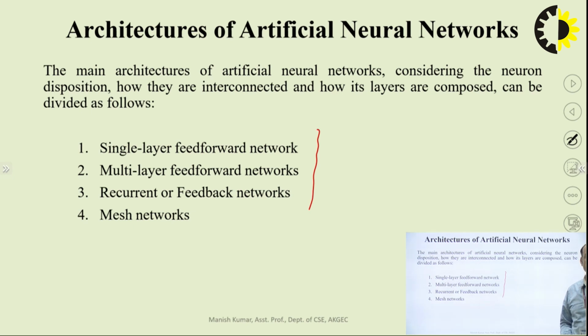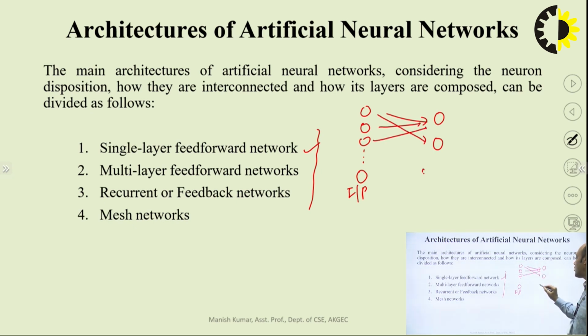These are further classified into 4 types. Number 1 is the single layer feed forward network. In this single layer network, we have one input layer and an output layer.